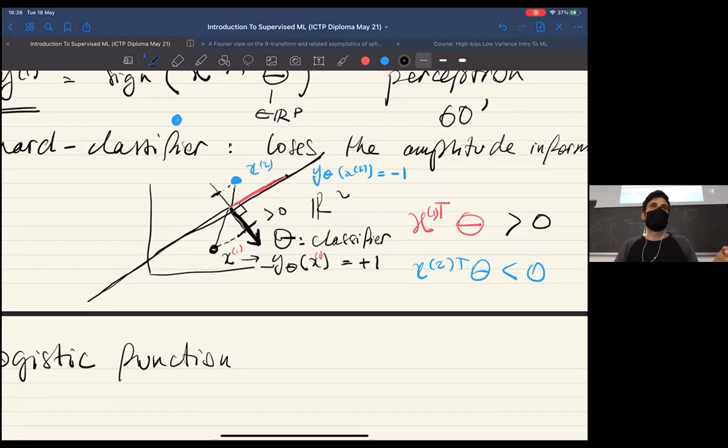You can associate to the class cats the -1 and the class dog becomes the +1. You can always map two classes onto a binary variable, -1 and 1. Is it clear? As long as you have two classes, you can always do that.